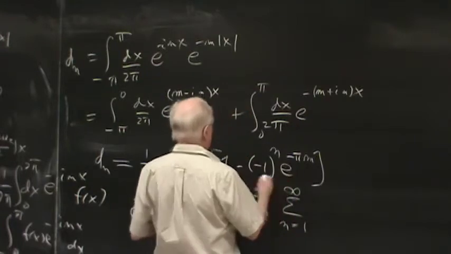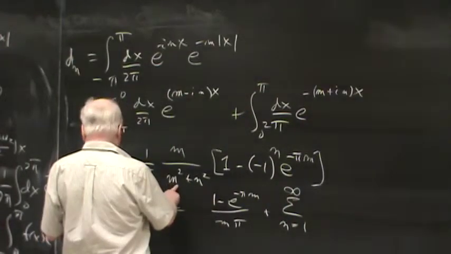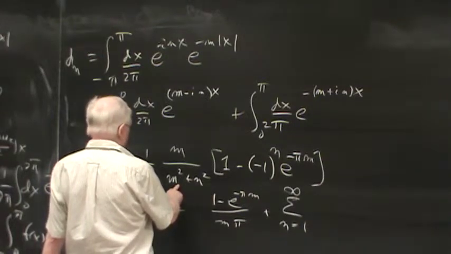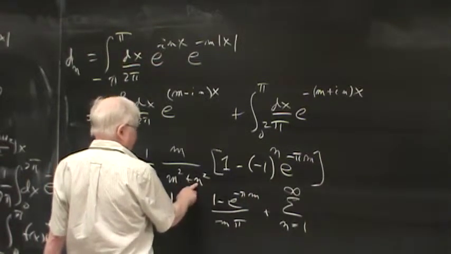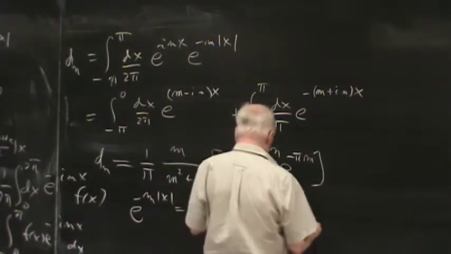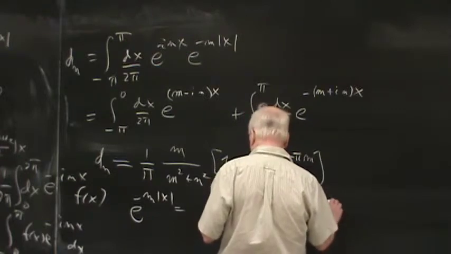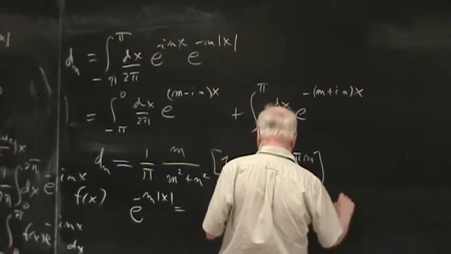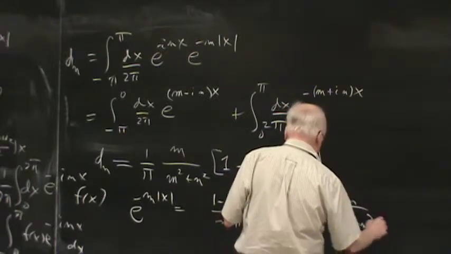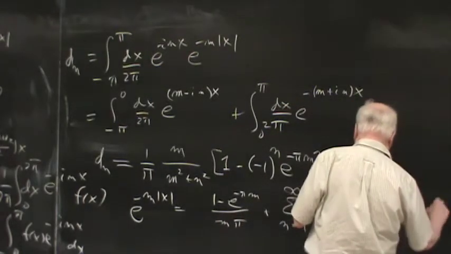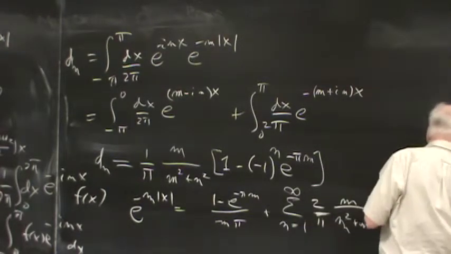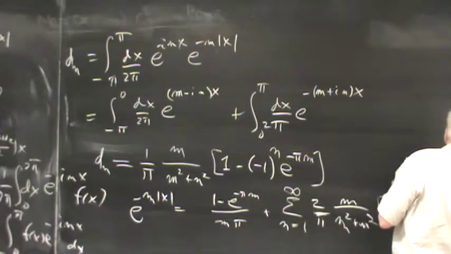So I'm combining negative n with positive n, and so what we get is 2 over pi, m over m squared plus n squared, and then 1 minus minus 1 to the n e to the minus pi m, and then cosine nx.